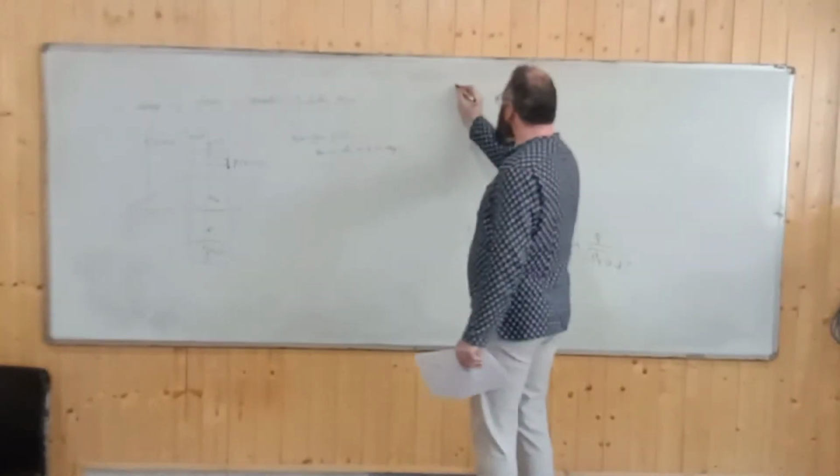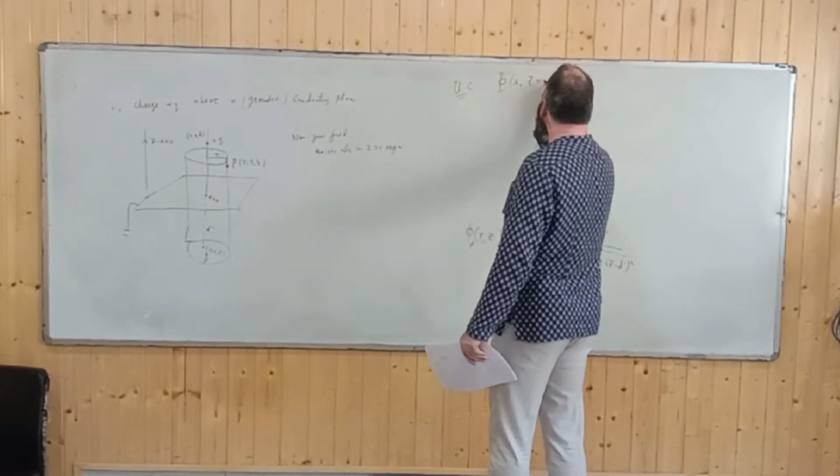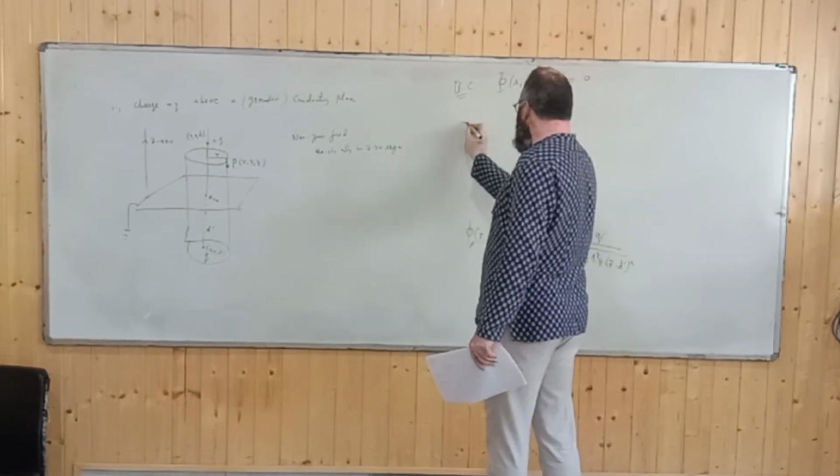So the boundary condition is phi of r, z equal to 0, that's equal to 0. What does it give me?